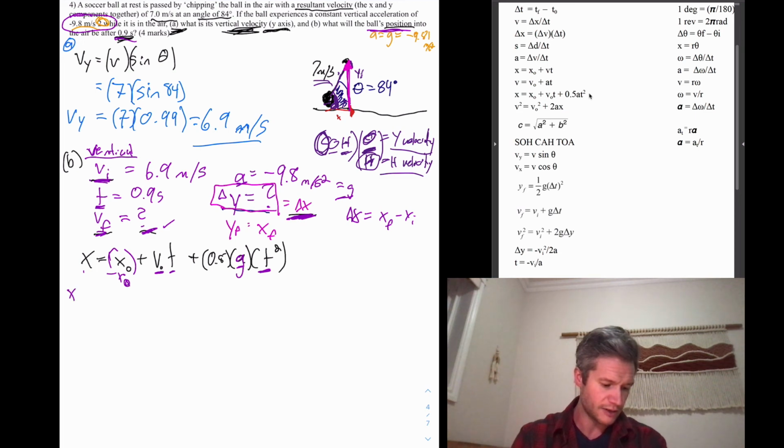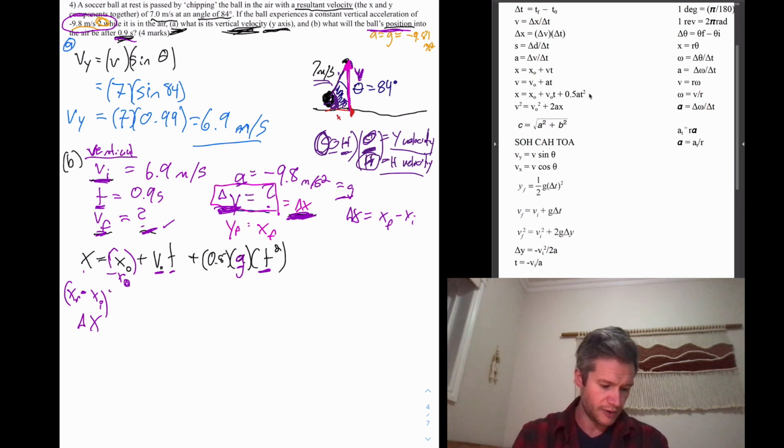So we have x, or x final, minus x naught, or x initial, and that equals delta x. Great. And in this case, because we're looking for the vertical axes, remember that delta x can also equal delta y. It's just how we orient our system, or coordinate system.